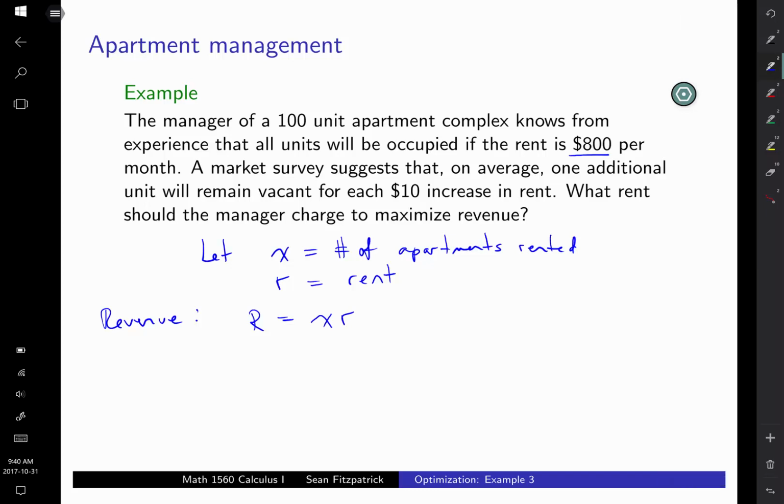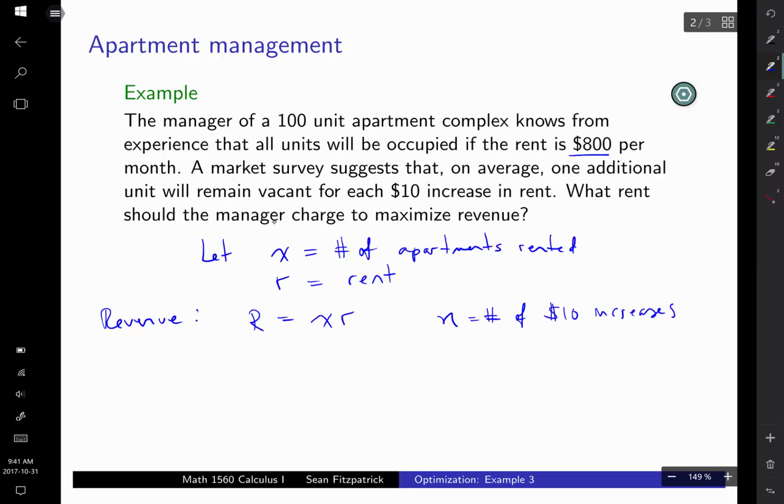Okay. But now, what we really need here is we need to write this in terms of the increase in rent. So we are going to let N be the number of $10 increases.